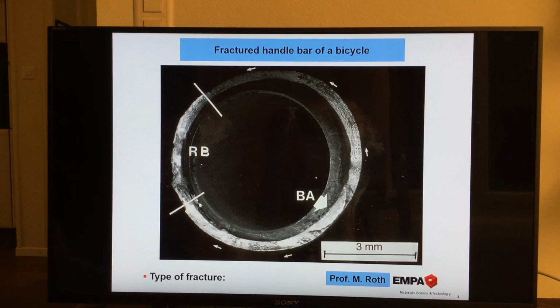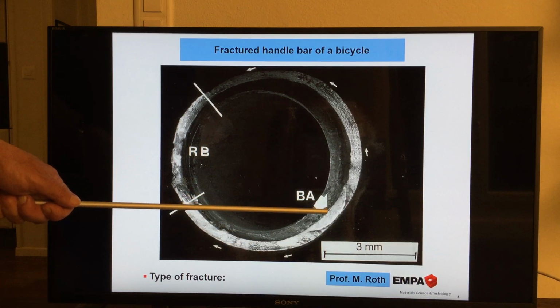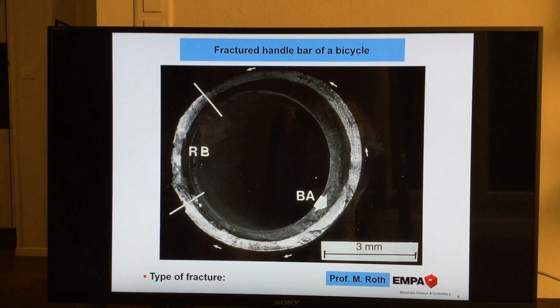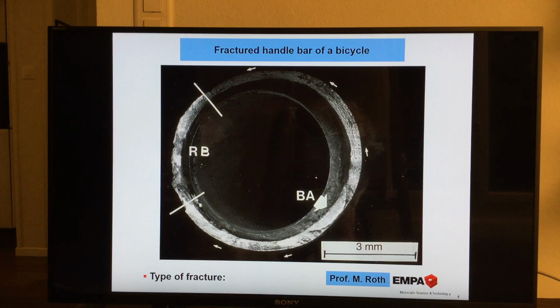And what do we remember? In the middle of that half elliptical zone, most probably, we will find out later, there is a crack initiation zone. That's very interesting, that the crack initiation zone is here inside of the tube, because what do we know about the highest loading on this component?